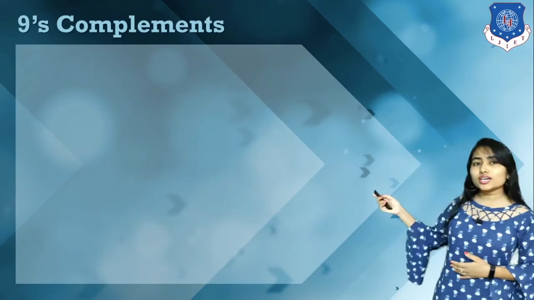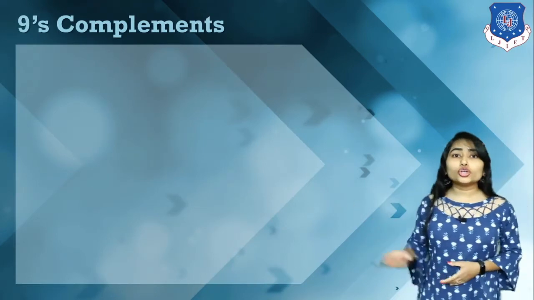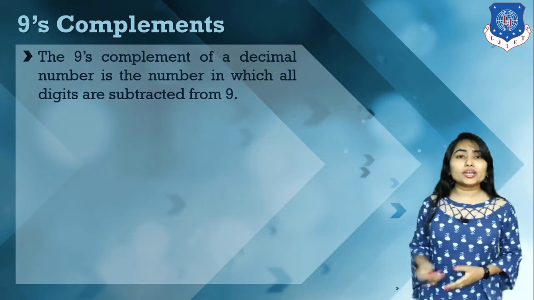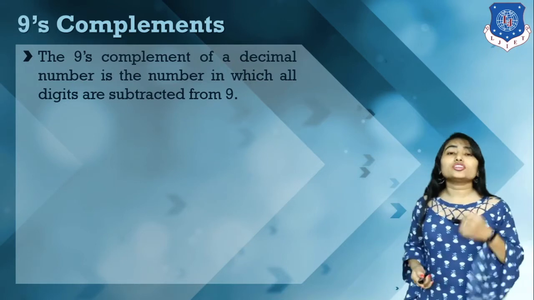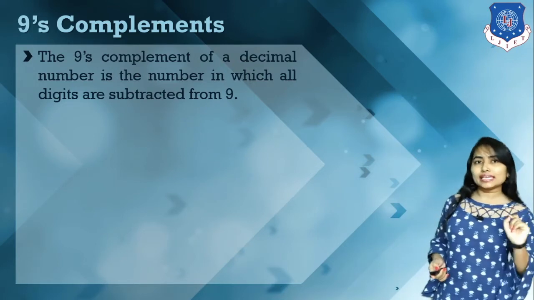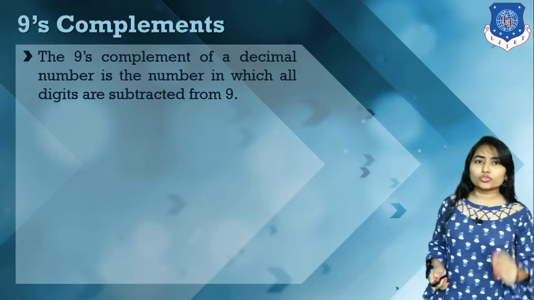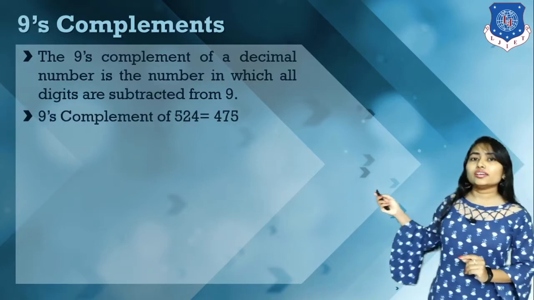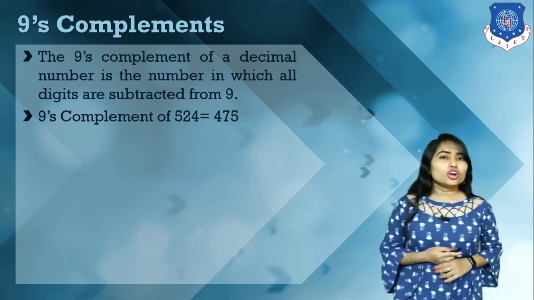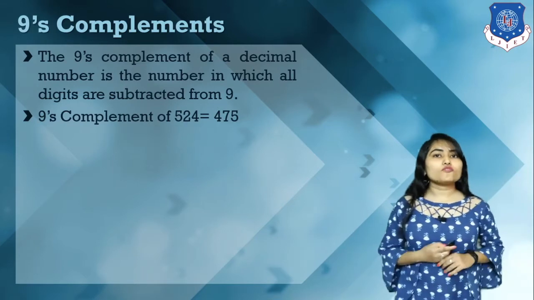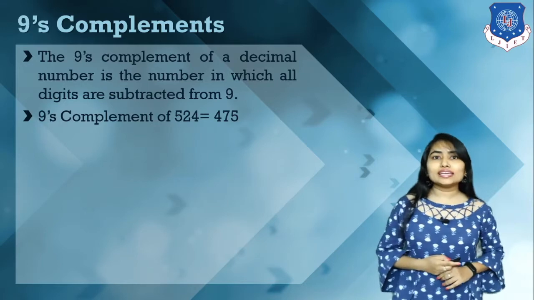We have first the 9's complement. To calculate the 9's complement, we subtract all the digits of any decimal number from 9. Here is one example: the 9's complement of 524. How can we calculate this?